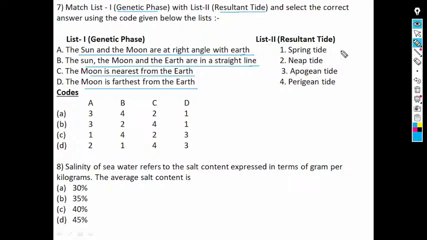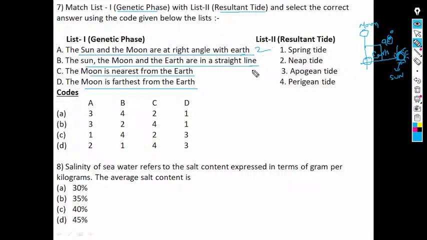Right angle with the earth, how will we say that? Here the sun and earth placement is here, and the moon is here. In one case it is a right angle to the earth, that is your neap tide, the 90 degree position, theta 90 degrees, neap tide, here I can write 2.